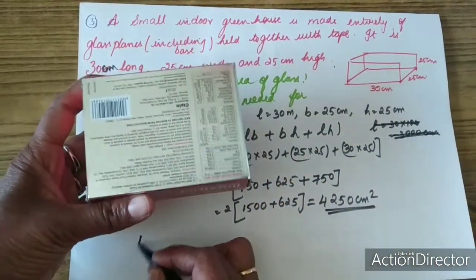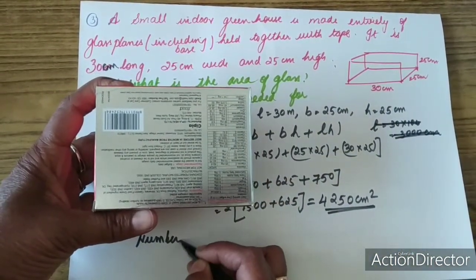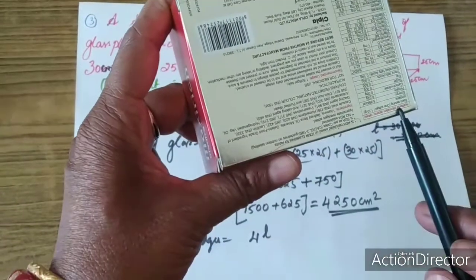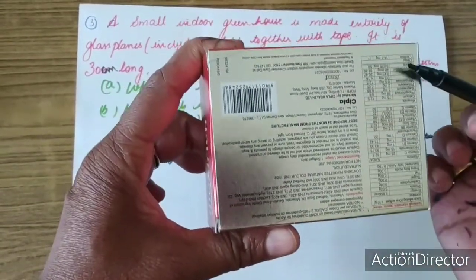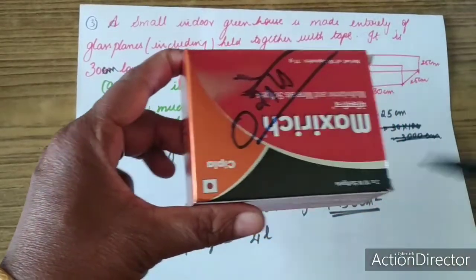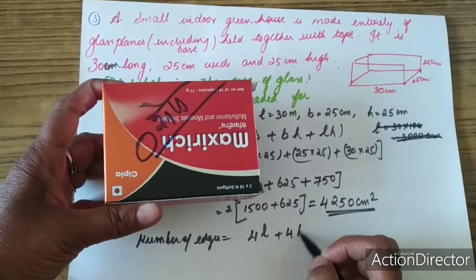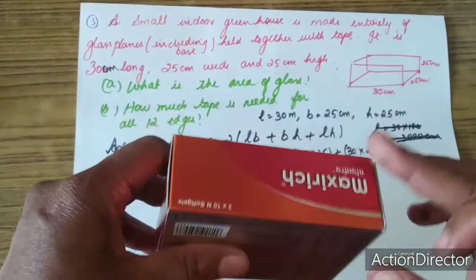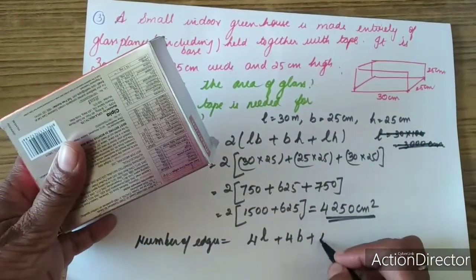So the number of edges is 4 into length. Coming to the breadth you have 1, 2, 3, 4. So 4 breadths, plus coming to the height again 1, 2, 3, 4. 4 heights you have.